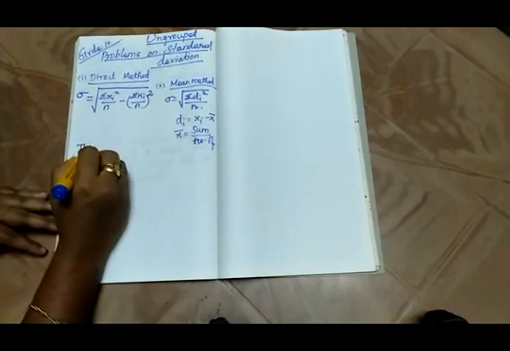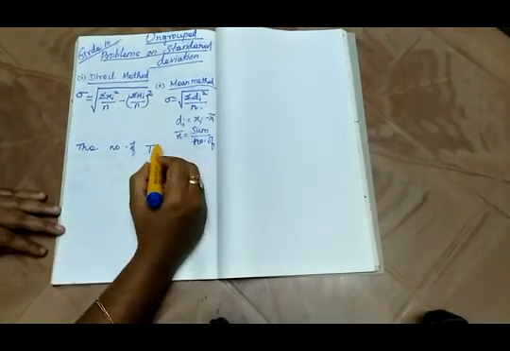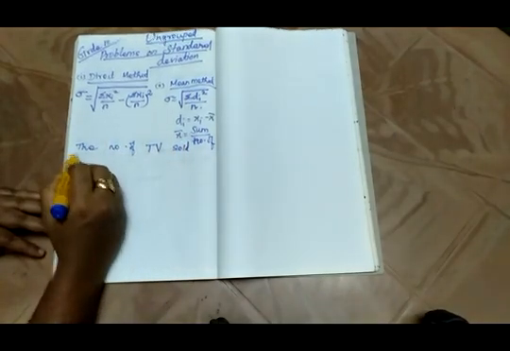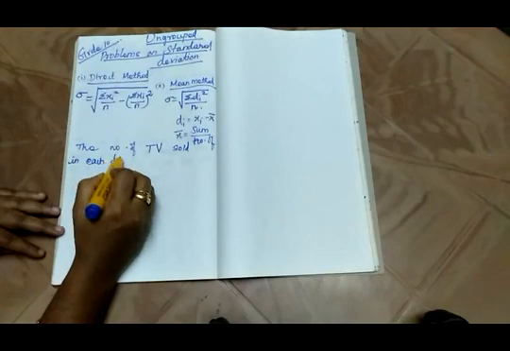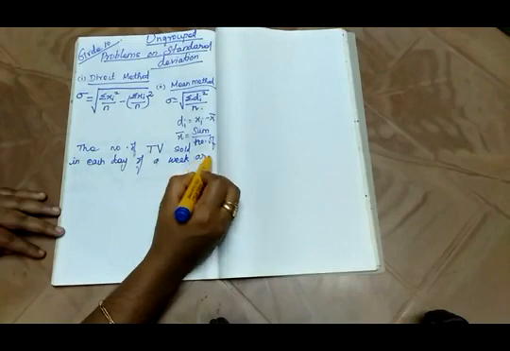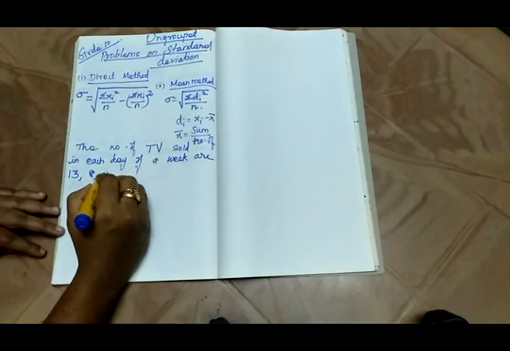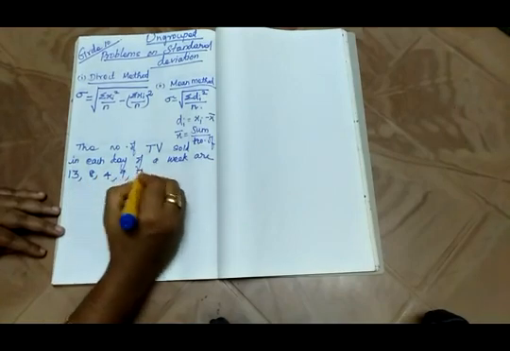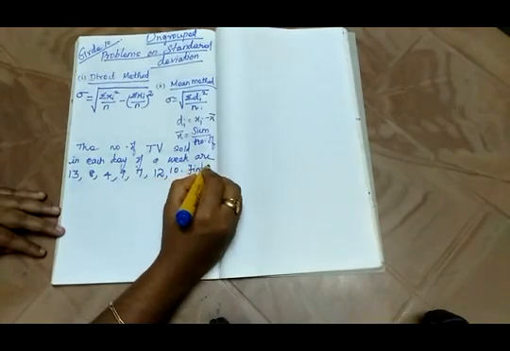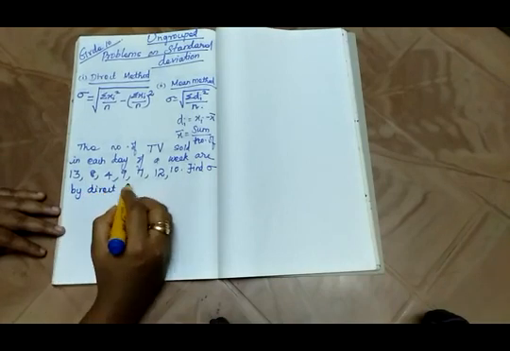The number of TVs sold in each day of a week are 13, 8, 4, 9, 7, 12 and 10. Find the standard deviation by the direct method.